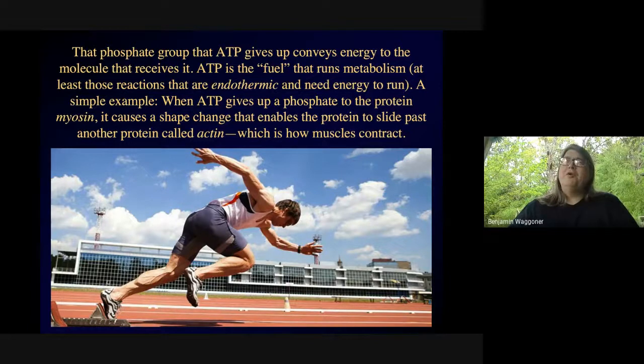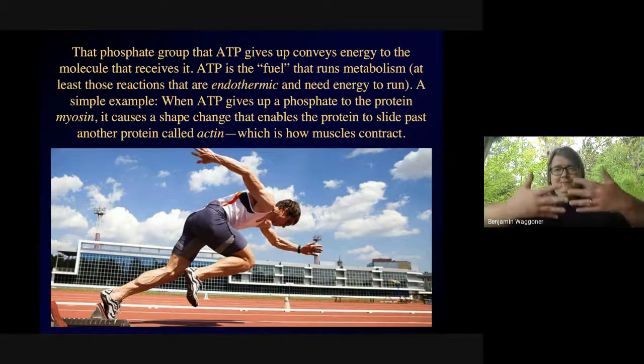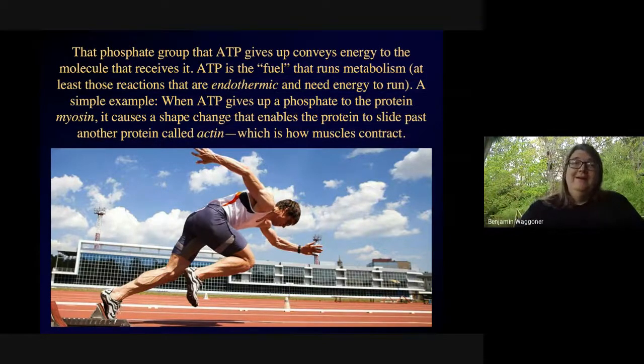When the myosin protein changes shape, it can then slide past the other protein, actin, and your myosin cables and your actin cables slide past each other, breaking up ATP into ADP and phosphate as they go. And that sliding action, where the filaments do this, that's how muscles contract.